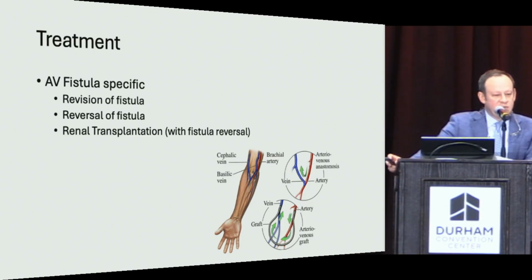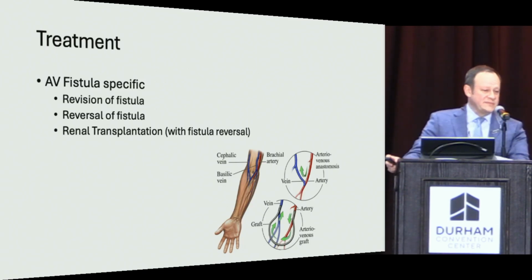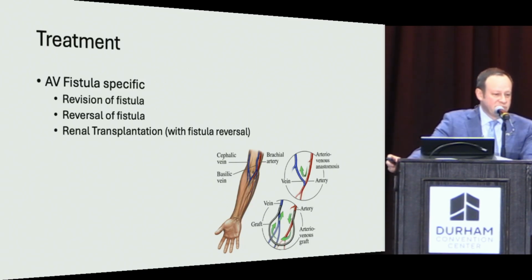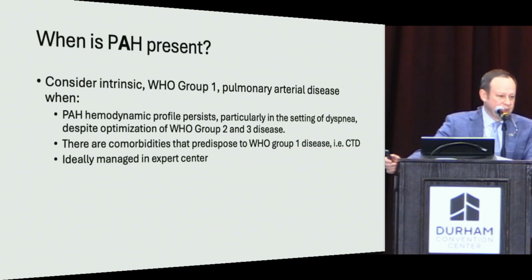But before you get to that point, if you can identify a high output state attributable to the fistula, sometimes there can be surgical revision, or as I mentioned in the situation of a post-renal transplant patient, reversal of the fistula would be appropriate. Sometimes you can do Doppler flow evaluation of the fistula, and then your nephrology colleagues can help to determine if some revision of the fistula is possible.